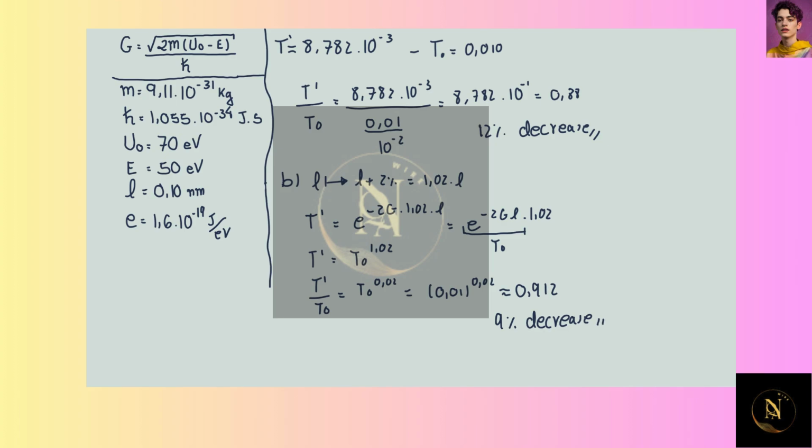The difference between this 9% and the 6% decrease is very small. It's only 3%, so they are of the same order of magnitude. And we have this difference because the book, when solving this problem, uses many more approximations than we are using here, so they get a less accurate value.